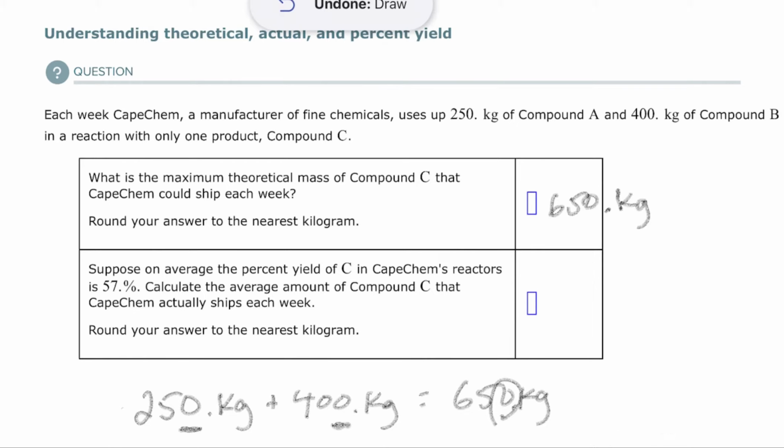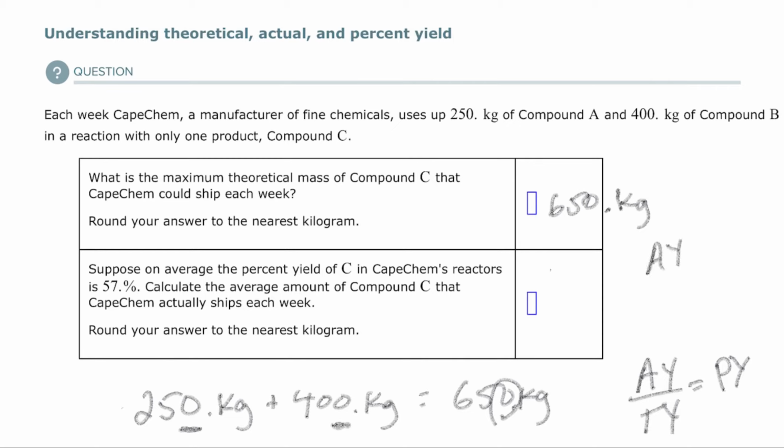You have your actual yield divided by your theoretical yield equals your percent yield. Okay? So I don't know my actual yield, and that's what they're asking for. It says calculate the average amount of compound C that's actually shipped. That's my actual yield. So I can just solve for that.